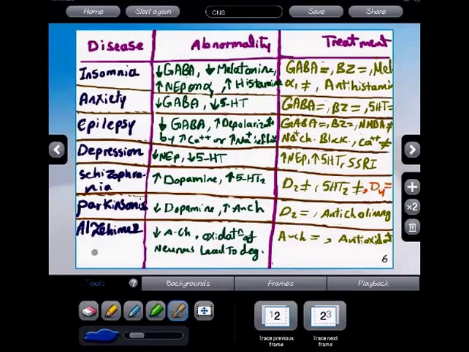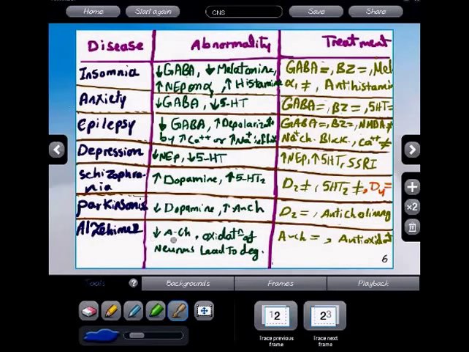About Alzheimer's, there is a decrease in acetylcholine and oxidation of neurons leading to degradation of these neurons, a change in the neuron and the cause of amyloidosis.